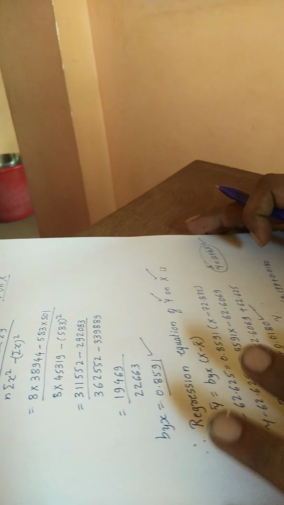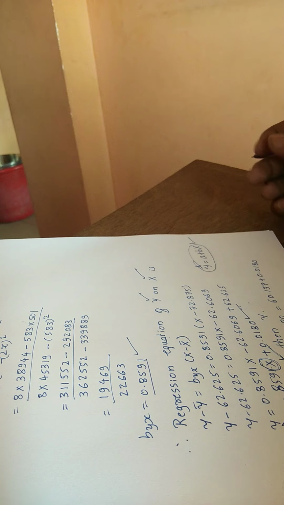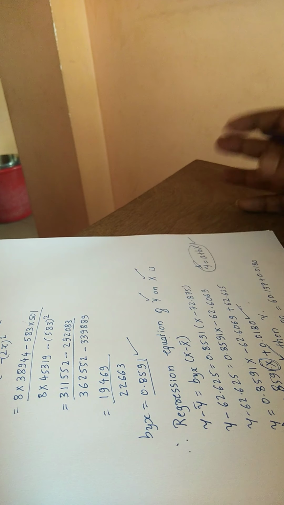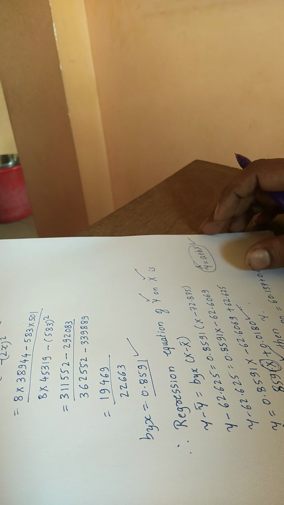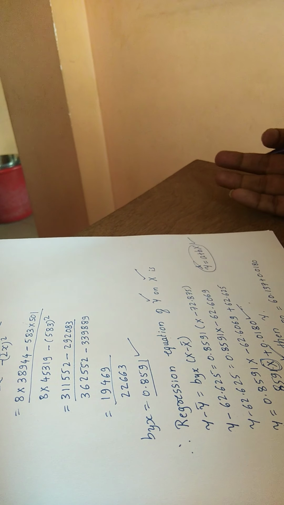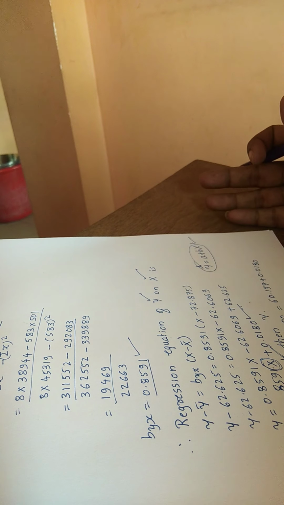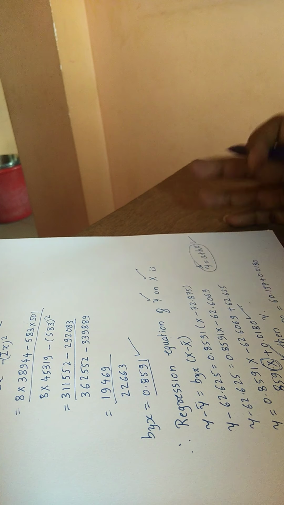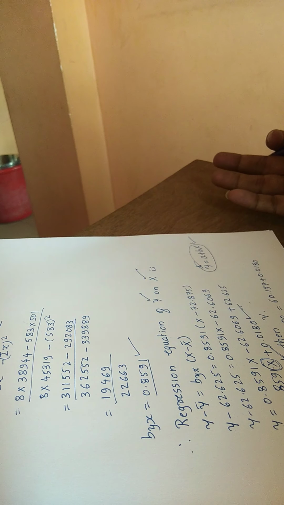Now sometimes we may get two variables where one is dependent on another, and the same case can be reversed also. For example, consider demand and supply. Sometimes demand is considered the dependent variable and supply the independent variable, and sometimes supply is considered the dependent variable and demand the independent.